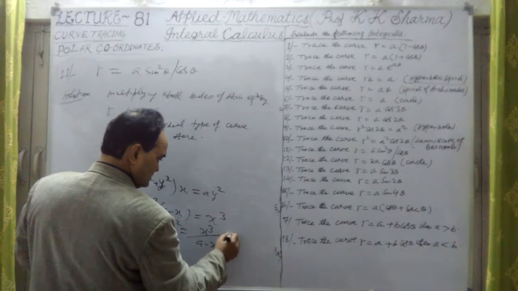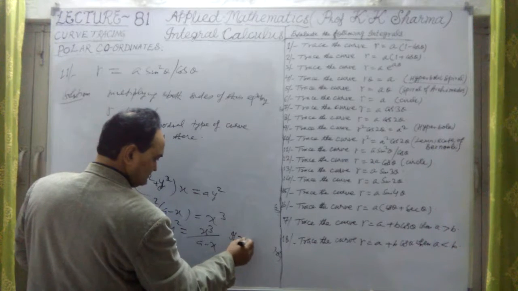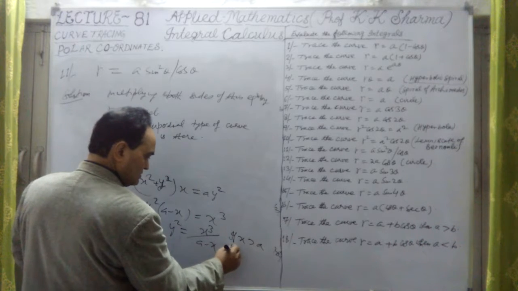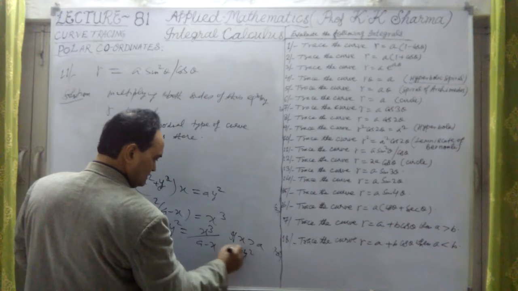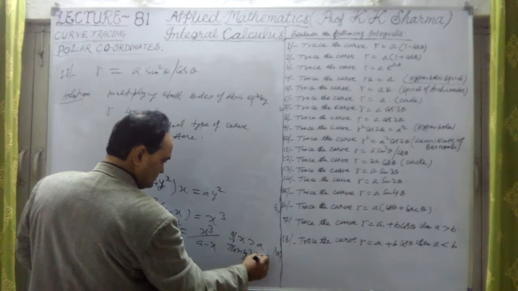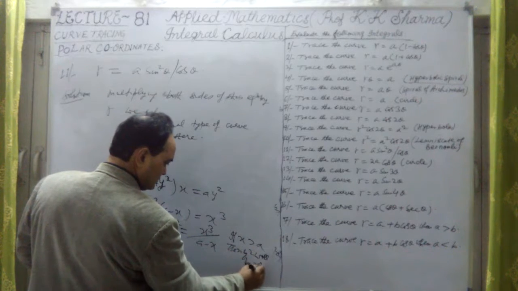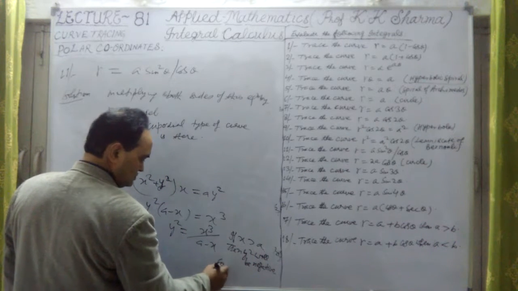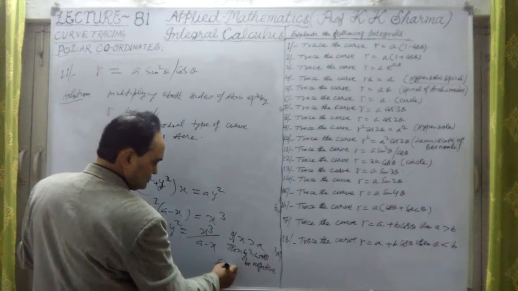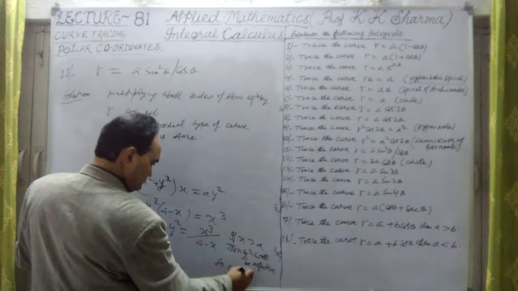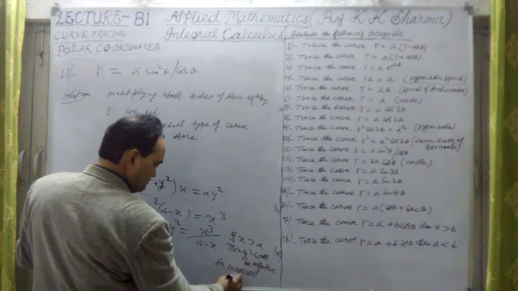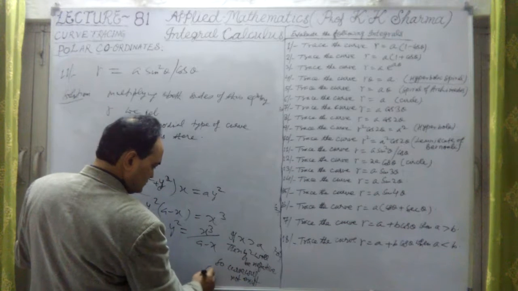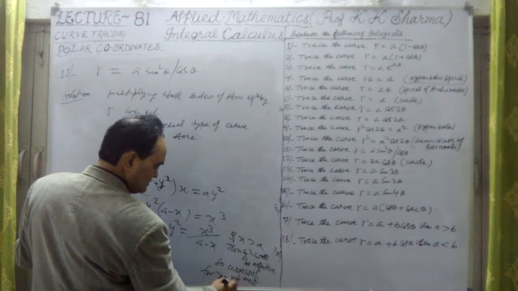If I put x greater than a, then y square will be negative. Imaginary tangents are there, so there will be no curve. The curve will not exist for x greater than a.